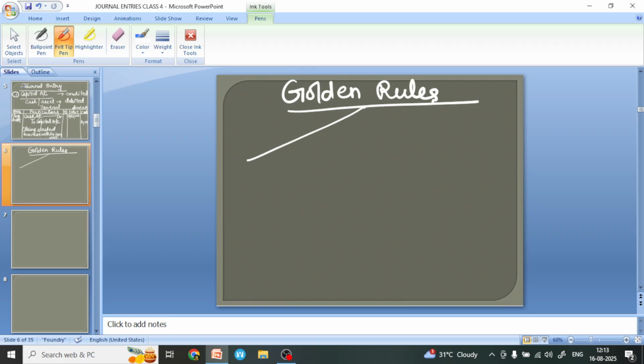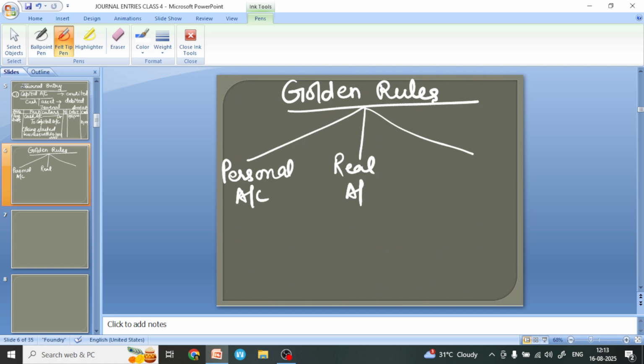There are three types of golden rules: personal account, real account, then nominal account. We should follow these golden rules when we pass entries in journal book.